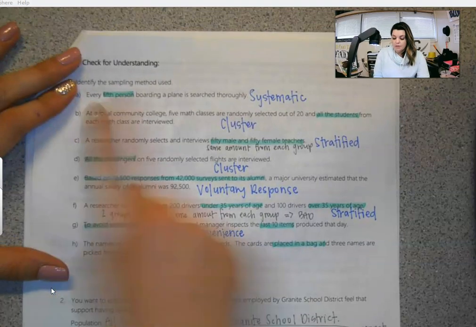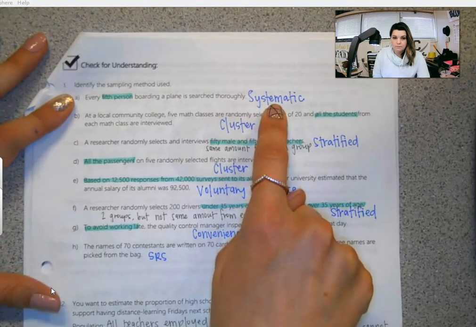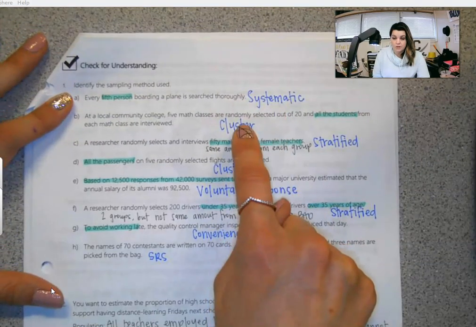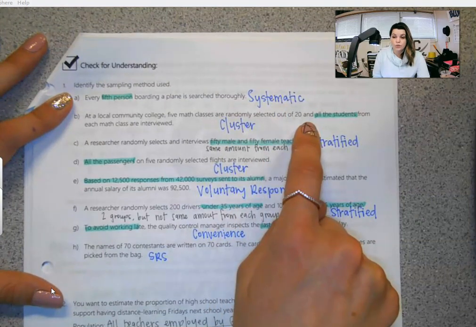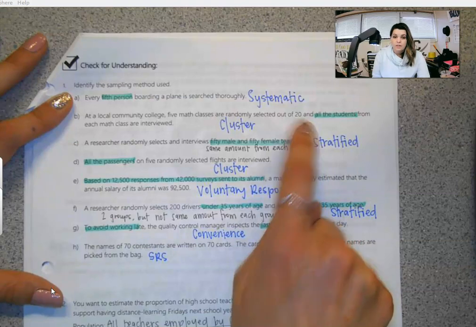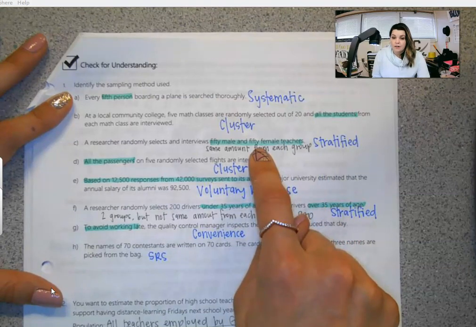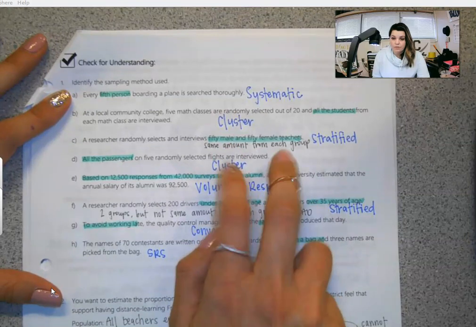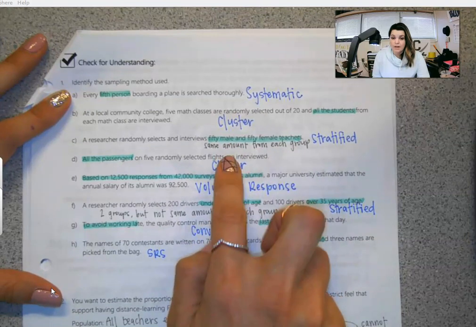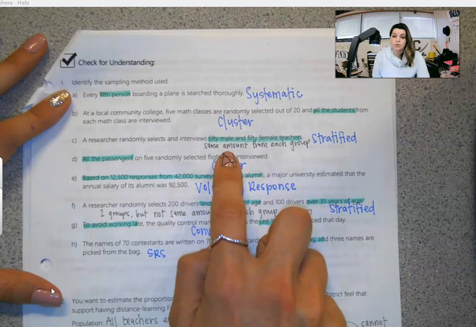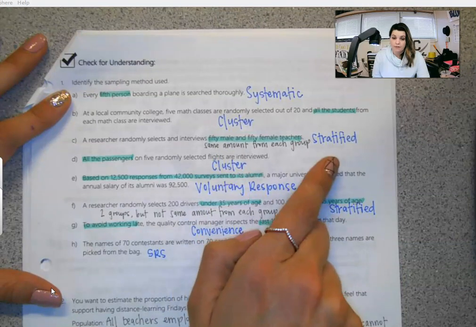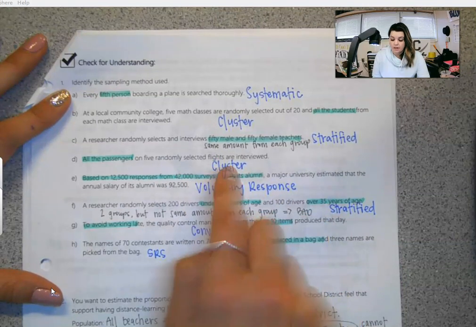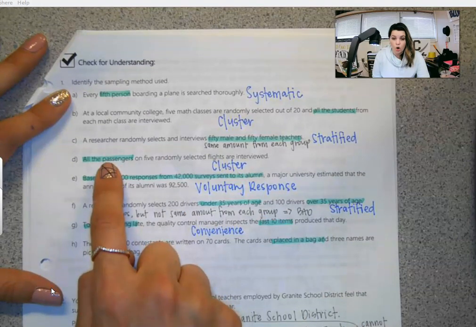So A was systematic, B was a cluster because they chose all students from the math classes. C is a stratified. I have 2 groups. The first strata is male, the second strata is female, and I took the same amount from each group. So stratified. D is a cluster because they surveyed all passengers.